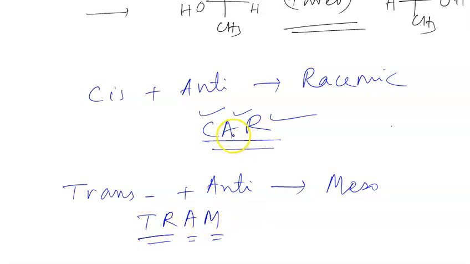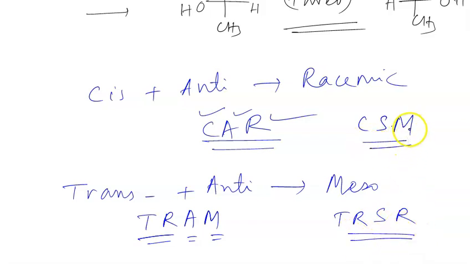So once you know about the products of the anti-addition, then for syn addition you will just interchange the products. In syn addition, what will happen? It is CSM. So here trans, and if the addition is syn, then we will get the racemic product.